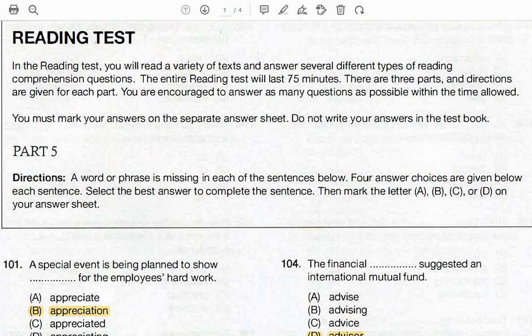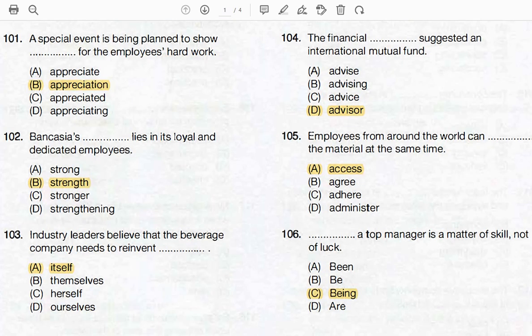Part 5 directions: a word or phrase is missing in each of the sentences below. Four answer choices are given below each sentence. You need to select the best answer to complete the sentence. Then mark the letter on your answer sheet. Let's get started. So first our question is: a special event is being planned to show appreciation for the employees' hard work.